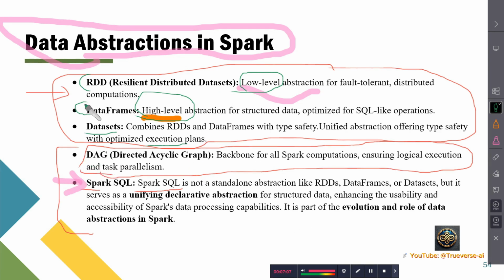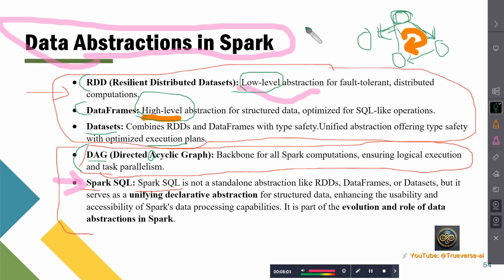Another data abstraction is a graphical one, which is the directed acyclic graph. Acyclic means not cyclic. For example, you start from here and make every operation. Nodes and links have meaning in the DAG. If something comes back again to here, circulating, this is not a DAG.